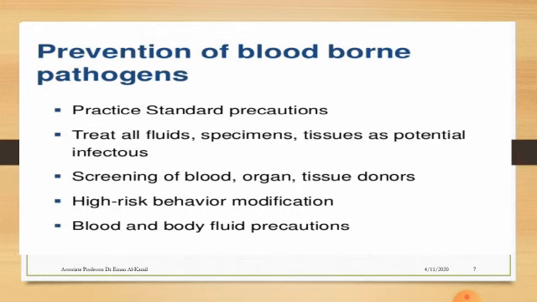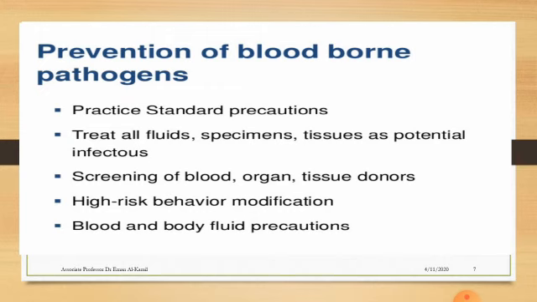High risk behavior modification. We mentioned in the first lecture that people who have risky behavior, such as promiscuous sexual relationships or extramarital relationships with individuals who have the infection, especially with multiple partners, need to change.